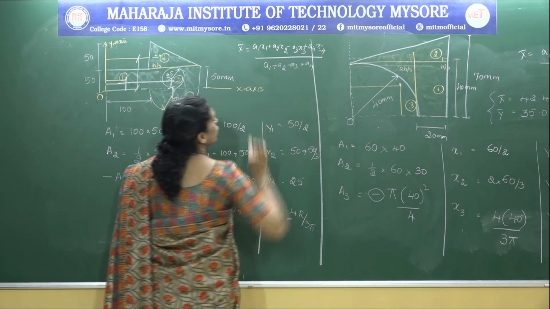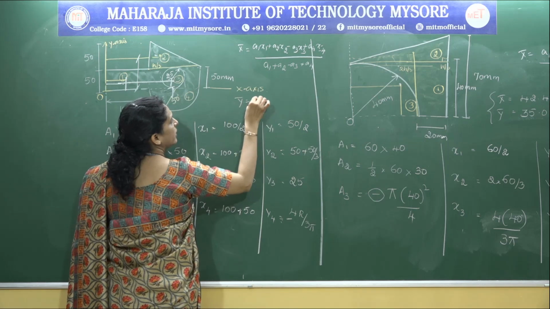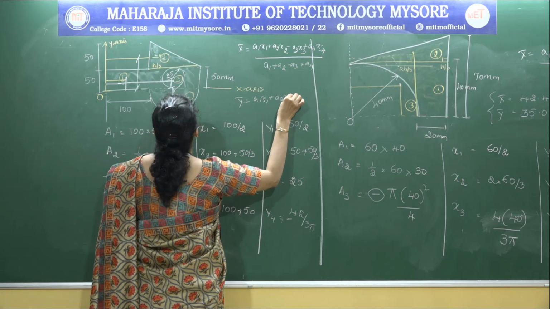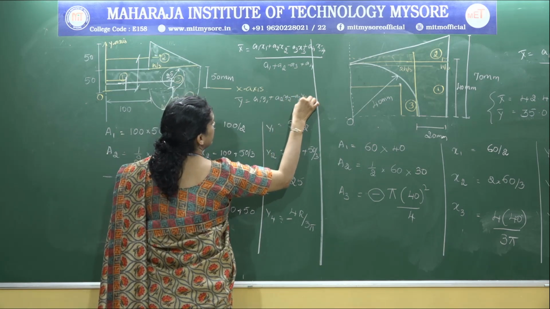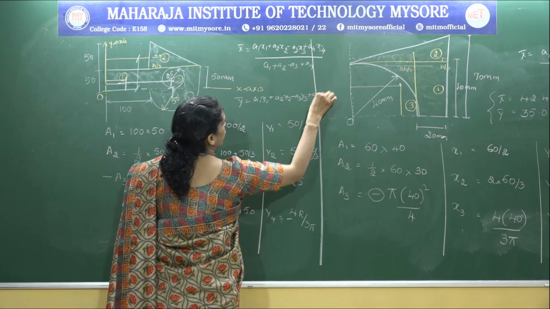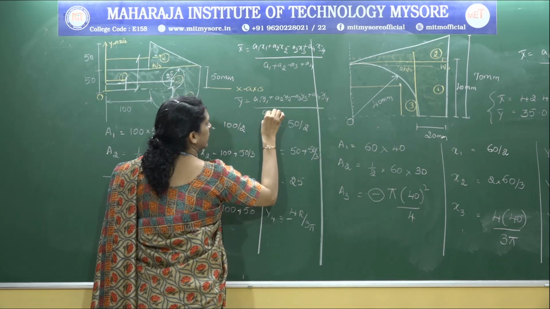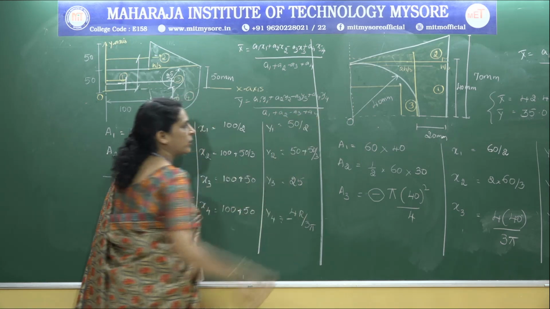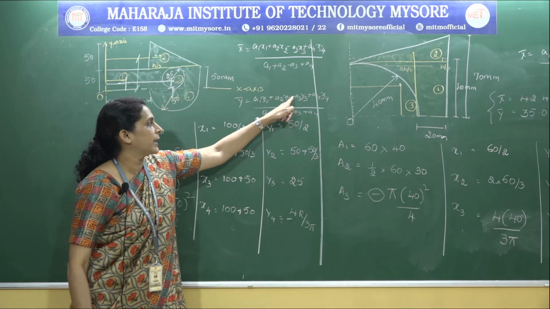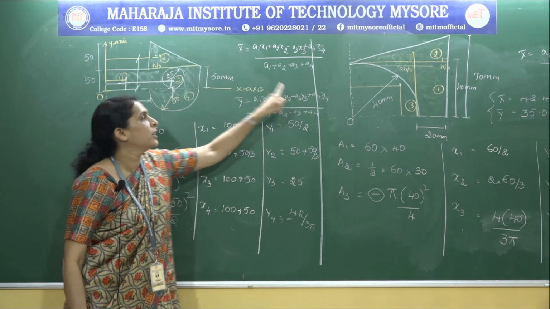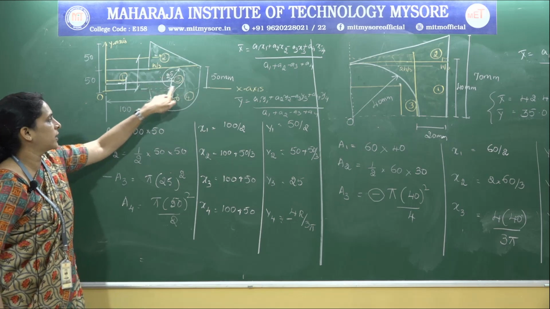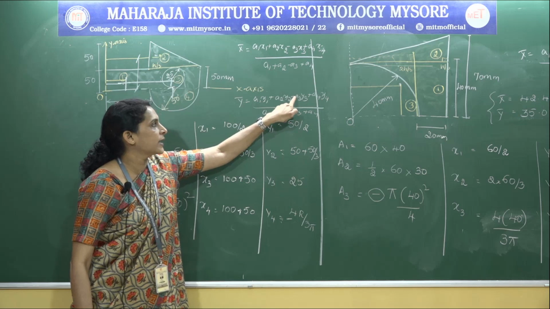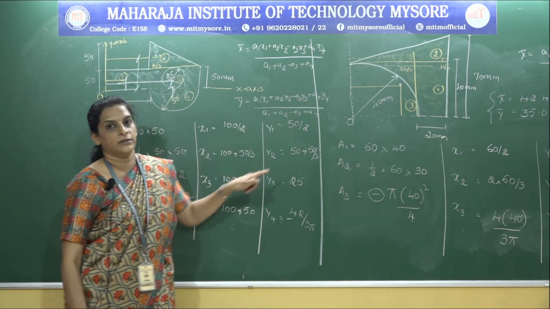Again in y bar, a1 y1 plus a2 y2 minus a3 y3 plus a4 y4 divided by a1 plus a2 minus a3 plus a4. Why have we considered negative area for the third section? Because the third section, that is a circle, is unshaded. See, we will highlight here, the area is negative, not the ordinate.